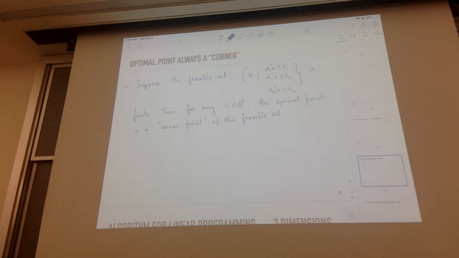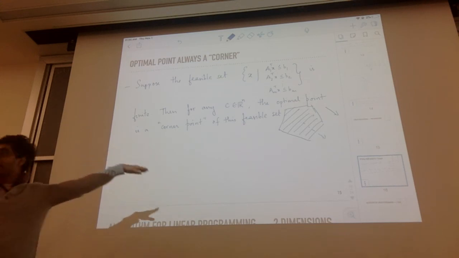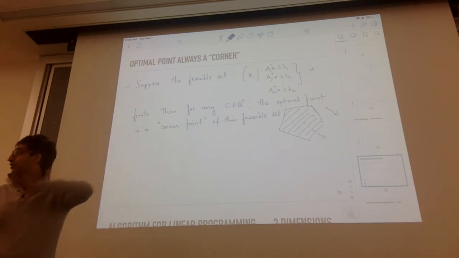Yeah, so what he's saying is, in some sense, if I try to optimize it, what if my feasible set looks like this, okay? And this is my feasible set, and maybe it's finite, so maybe it looks like this. And the direction in which you want to optimize is, let's say, something that goes along this, and it exactly happens to be perpendicular to this edge of this polygonal region.